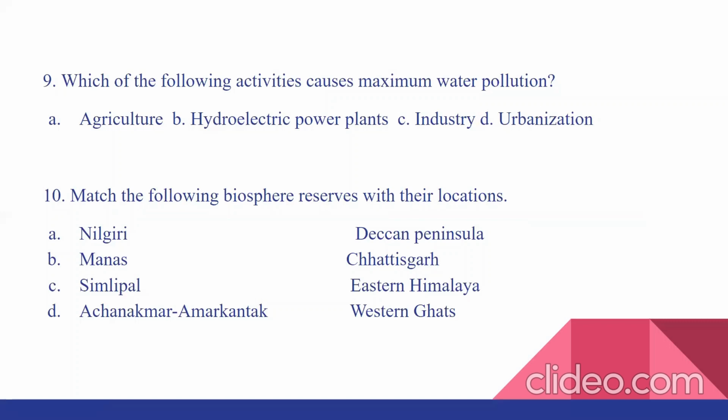तो खेती बाड़ी से जो वाटर पोल्यूशन है वो कम होता है। हाइड्रोइलेक्ट्रिक पावर प्लांट्स हर जगह नहीं है और उनसे भी वाटर पोल्यूशन लिमिटेड होता है। इंडस्ट्री से वाटर पोल्यूशन बहुत ज्यादा होता है, पर इंडस्ट्री भी हर जगह नहीं है। अर्बनाइजेशन मतलब शहरीकरण। So cities have been growing by leaps and bounds, and they are everywhere all around water bodies.